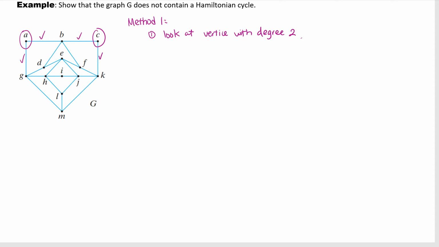So we keep the edges AG, AB, CB, and CK. Then next, because every vertex in the Hamiltonian cycle has degree 2, let's look at vertex B.